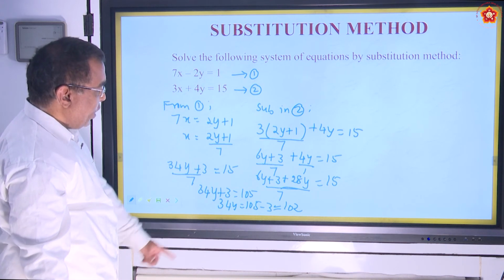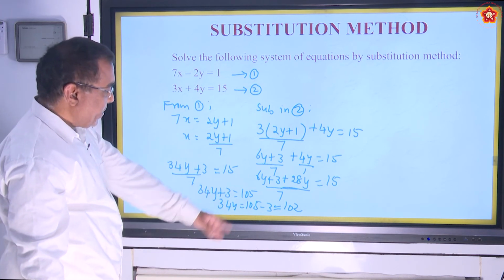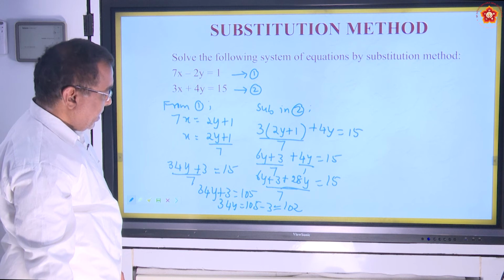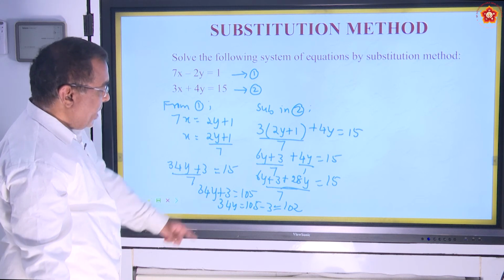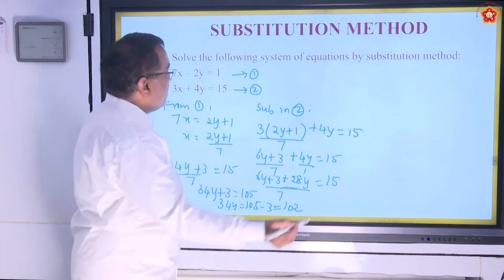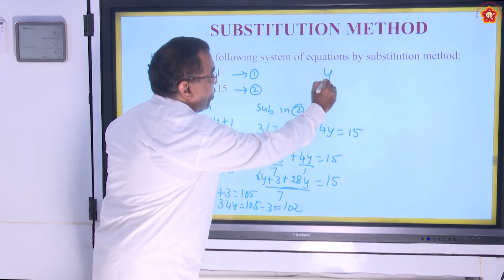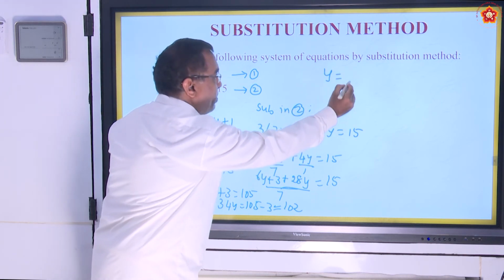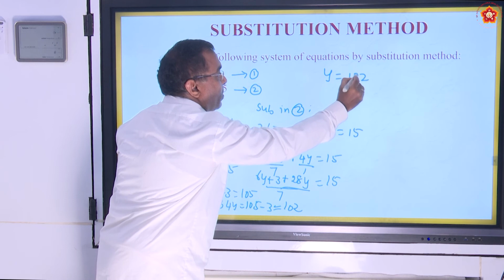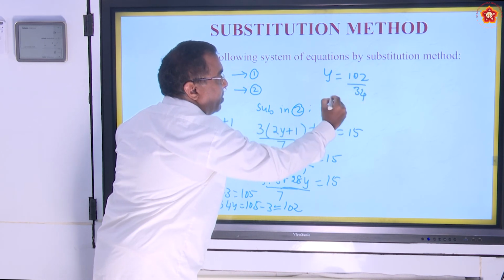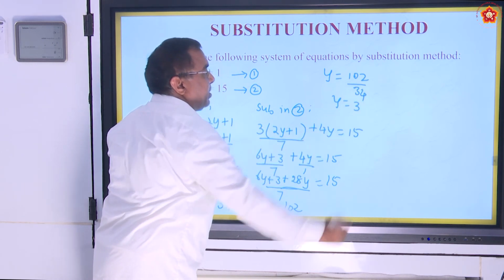So that will give us the value of y. If 34y is 102, then the y value is going to be 102 divided by 34. That is going to be 3.